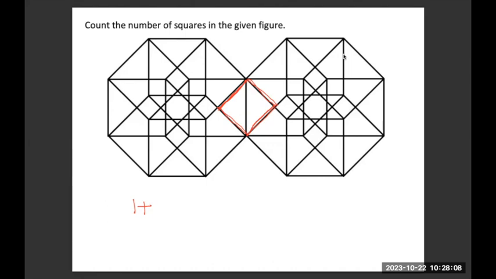Tisha, wrong answer. Ria, you are just closer to the answer, but it's wrong. Kushbu, you've overcounted. It's a wrong answer. Kavya, wrong answer. Ria, correct answer. Meera, wrong answer. Dia, wrong answer. Sanchi, correct answer.